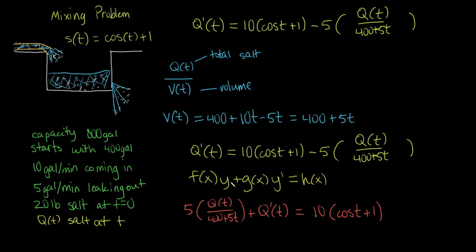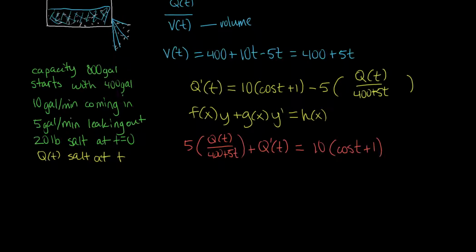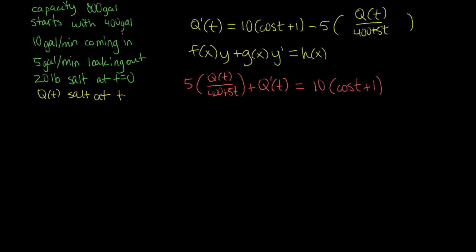And what's special about this form is that there's a magic function that we can multiply in to both sides, because this does look awfully close to what we might call the derivative of a product of functions. After all, it doesn't look exactly like it, but you have a q of t here, and you have a q prime of t.